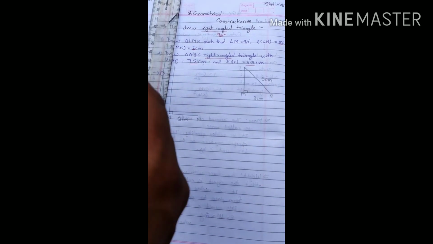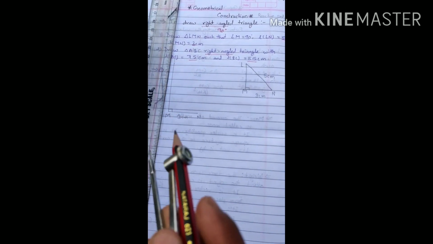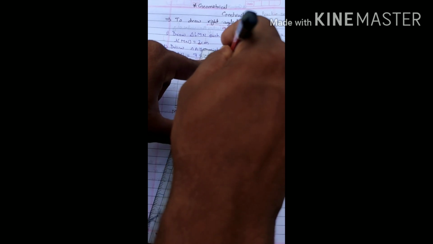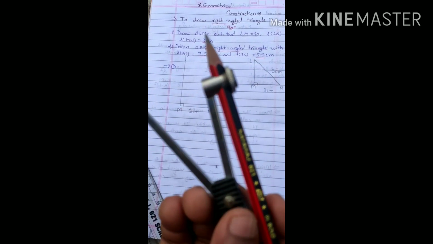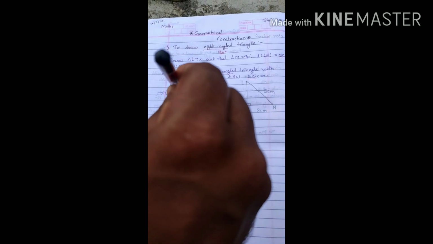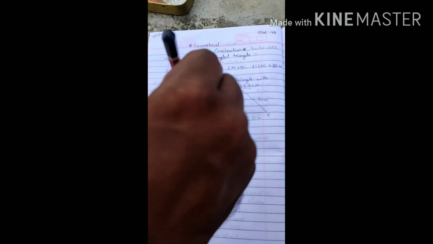Mark this line. Now with your rounder, make an arc of 5 cm. With the help of scale, take in rounder 5. Like that. So this is the 5 cm. Put the needle of rounder on point N and make an arc.